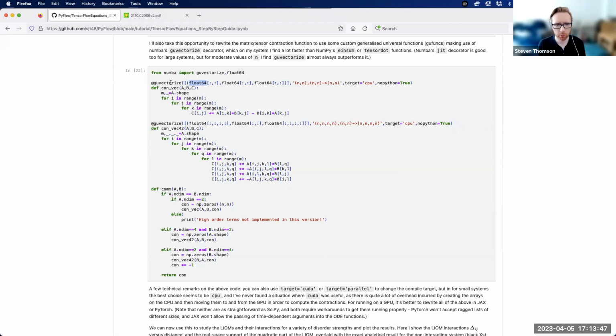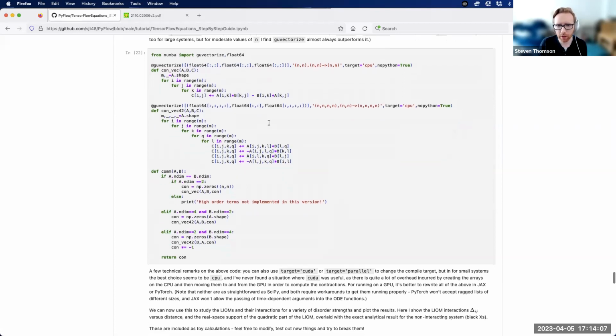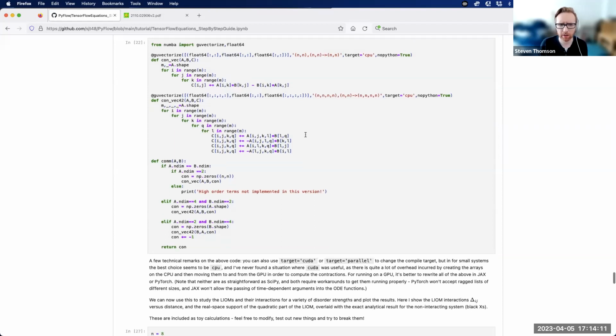If you're working with guvectorize, you can type declare, and if the compiler knows that everything is going to be 64-bit floating points, it can run a lot more efficiently. So that's all that's happening in here. I just redefined some functions that are a little bit faster. They're still not as fast as a GPU for big systems, but faster than the NumPy functions above, though a little bit less transparent, less easy to see what's going on, I think.